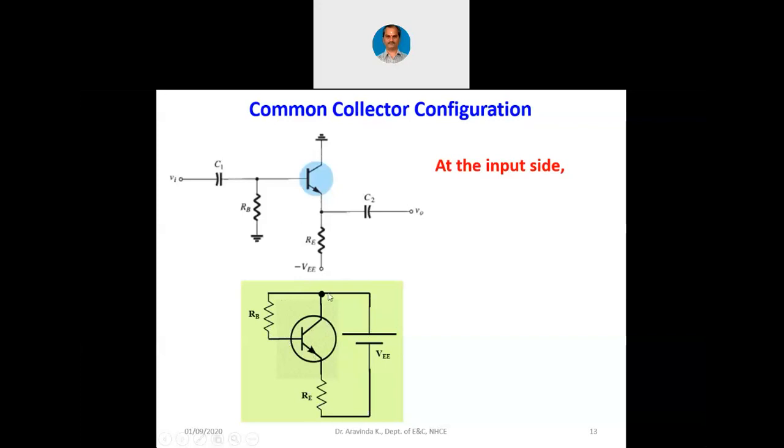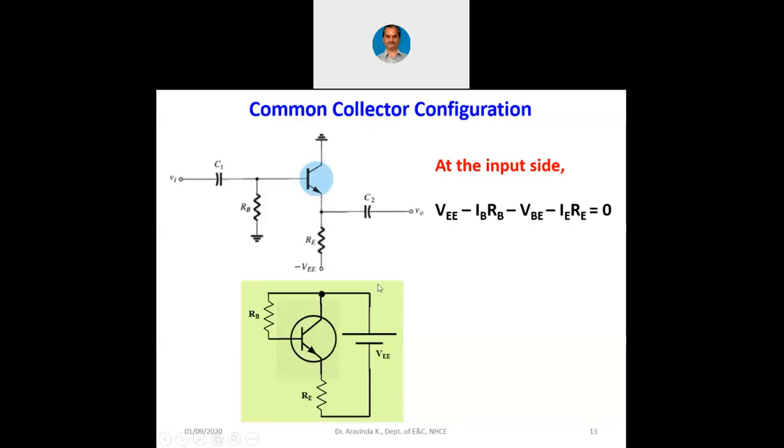So we can write the expression straight away that IBRB plus VBE plus IERE equals VEE. The total voltage which is applied is across RB, across VBE and across RE. So we can simply write the expression VEE minus IBRB minus VBE minus IERE equals 0.